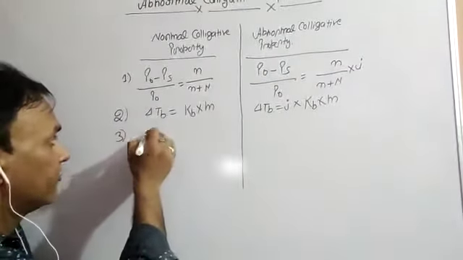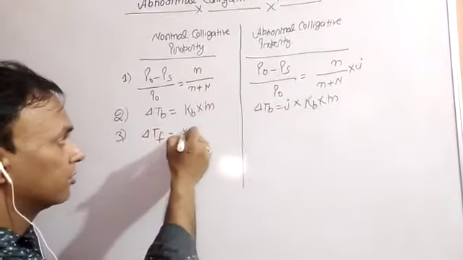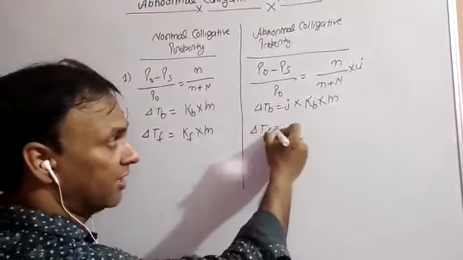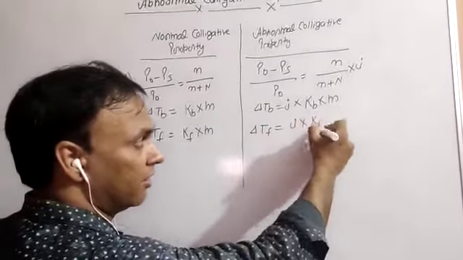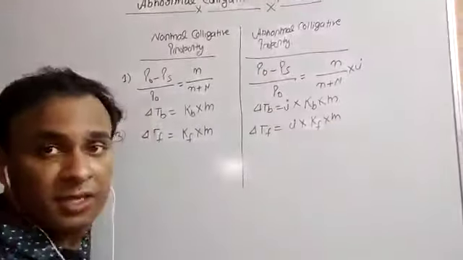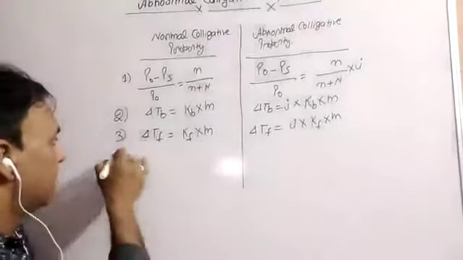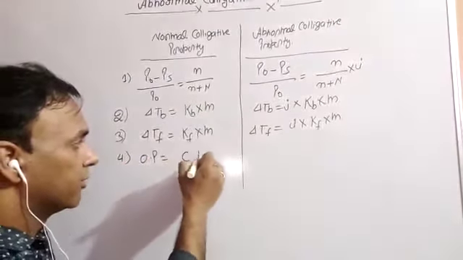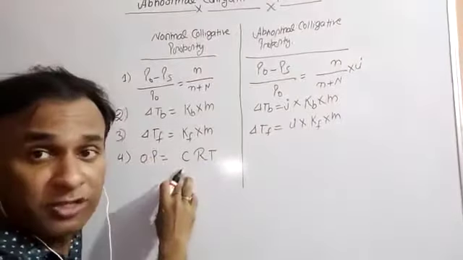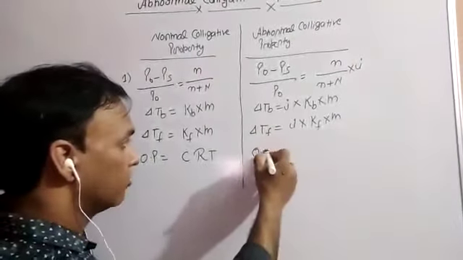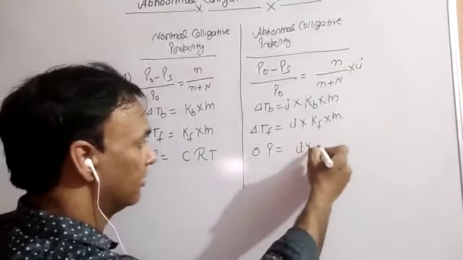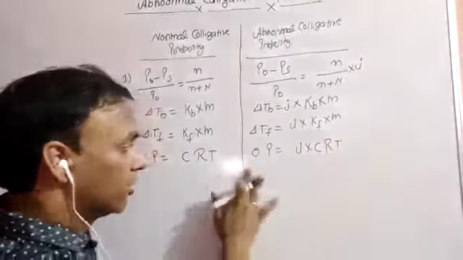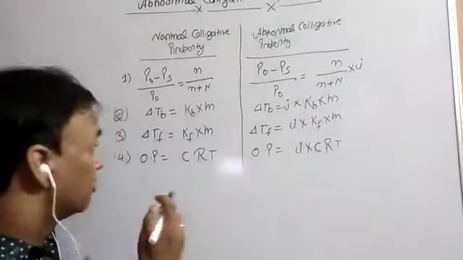Now the depression of freezing point, delta Tf equals Kf into m, but in this case delta Tf equals i Kf m. Similarly, the next colligative property is osmotic pressure. Osmotic pressure equals CRT, where C is the concentration. For this, osmotic pressure equals i CRT.